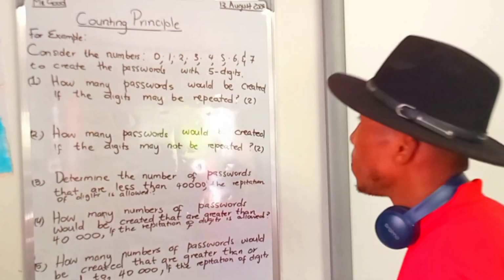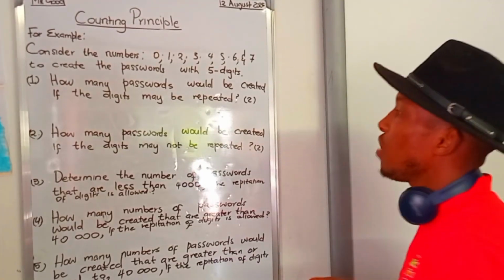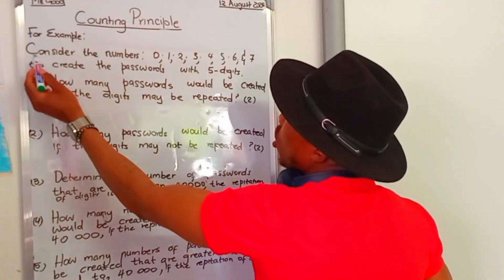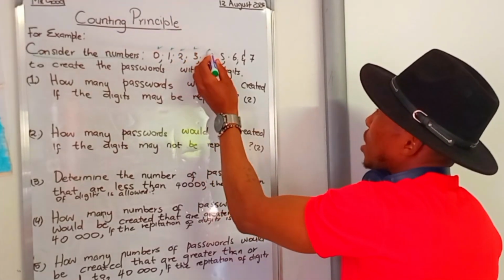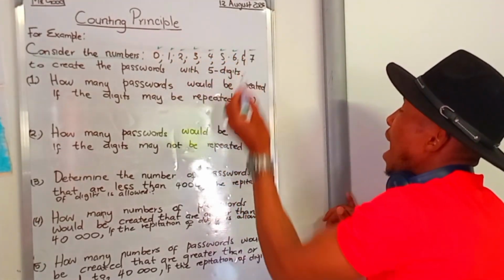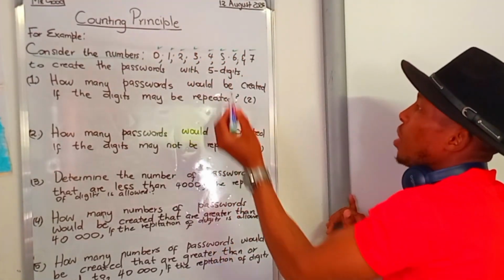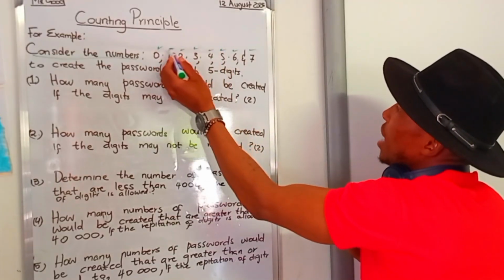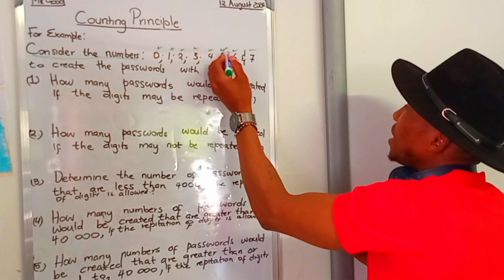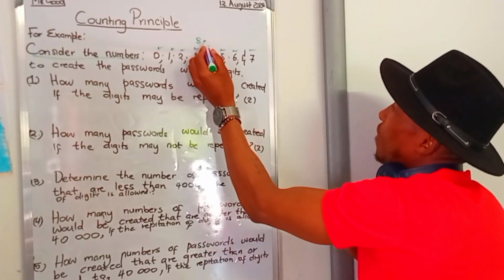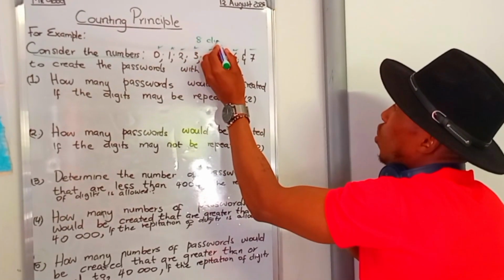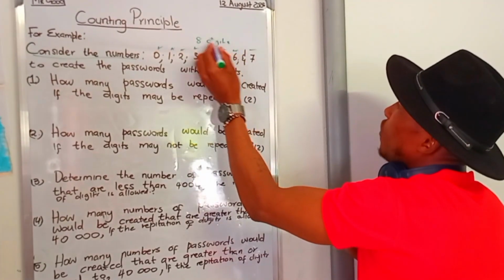All right, let's go. Here we are being told that we consider the numbers 0, 1, 2, 3, 4, 5, 6, and 7. That means we have 1, 2, 3, 4, 5, 6, 7, 8. How many digits do we have here? We have 8 digits, the total sample space of digits that we have.